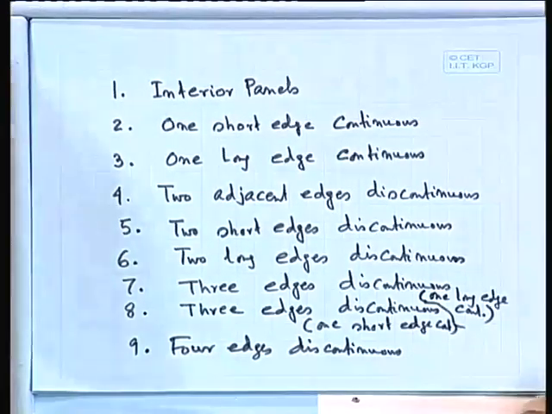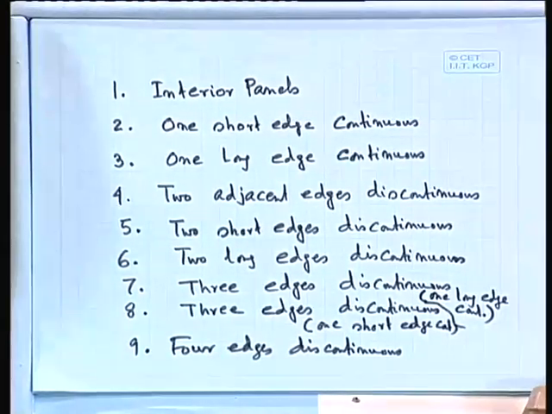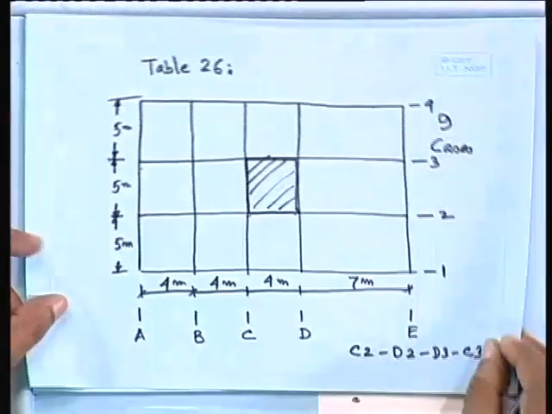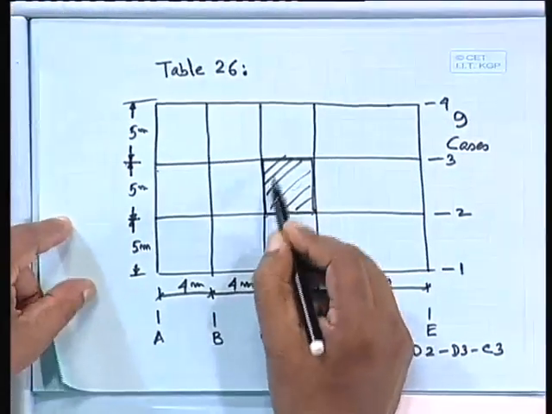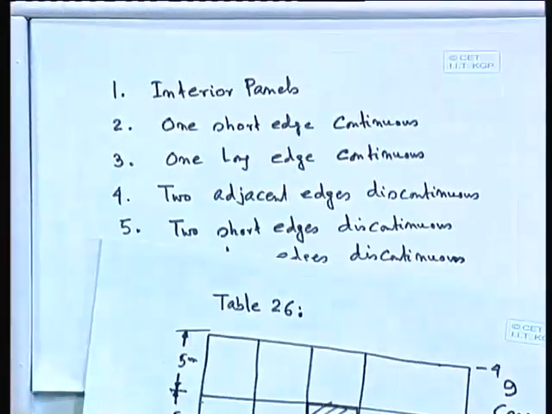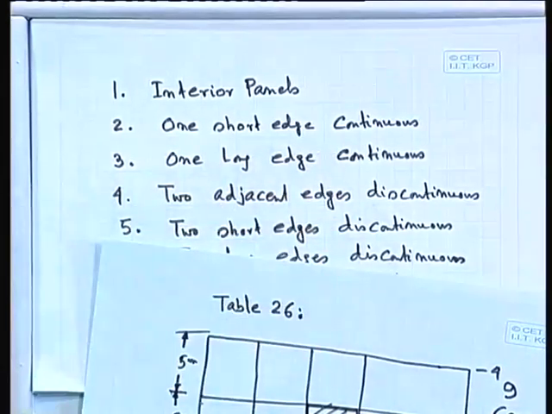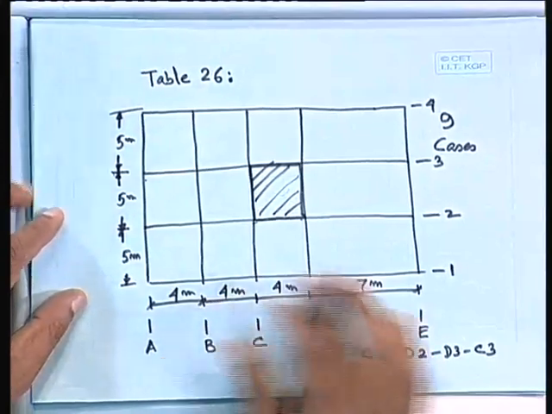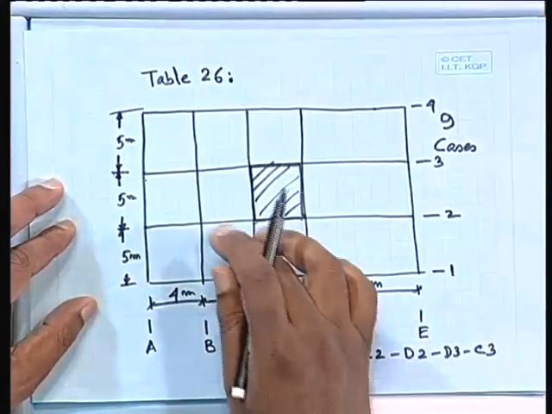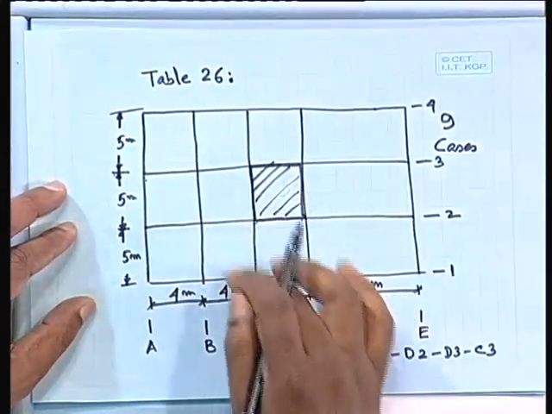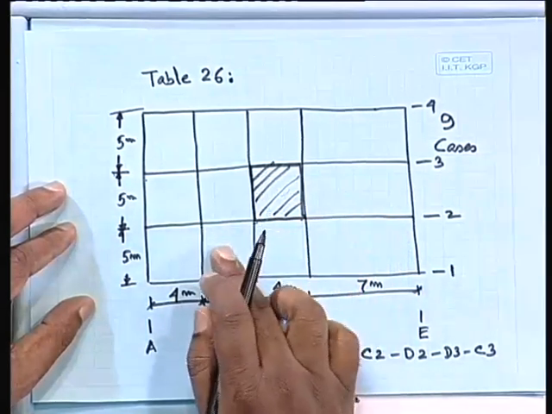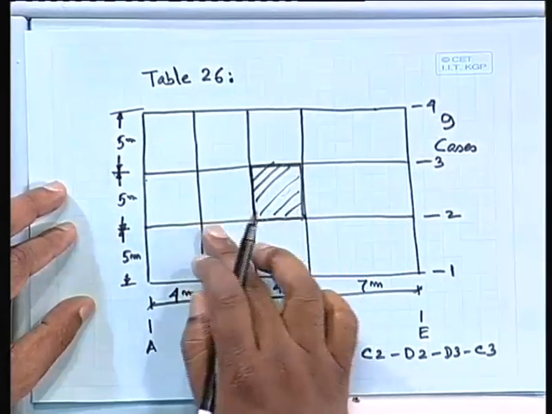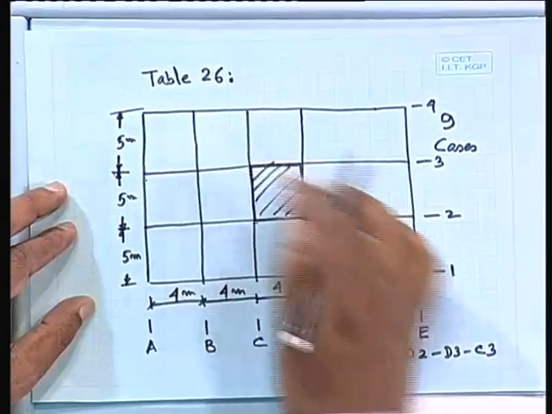So these are the 9 different cases possible. Now let us come to the figure which we drew earlier, the interior panels. Can we have one short edge continuous here? Then all other edges are discontinuous, so in this case we can have this panel. This is the shorter edge, and that is continuous.